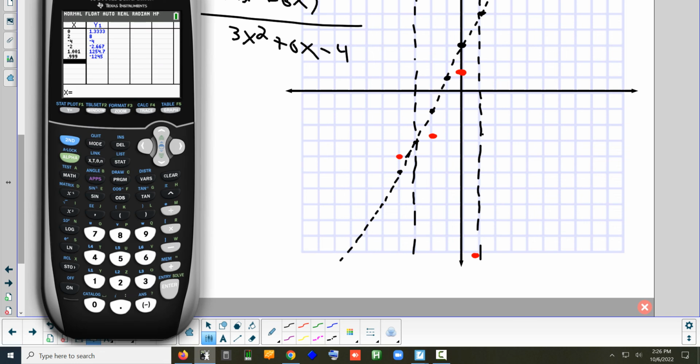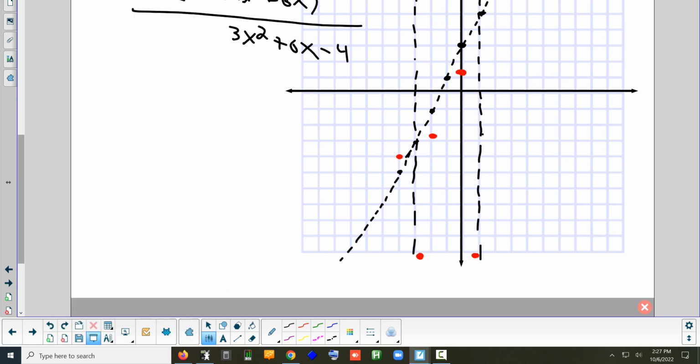Give me a number a little bit bigger than -3. What is it? Negative 3. That's smaller. All right, so -2.999, just a little bit bigger than -3. And we are down at -1,200 something.